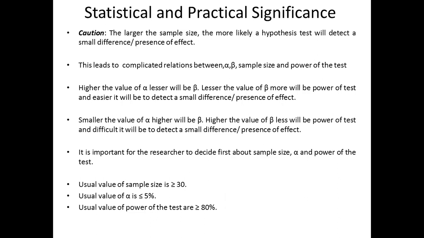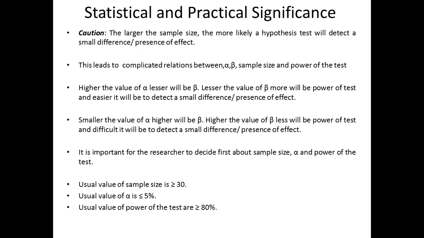The caution is this: since we are using samples to generalize things about the population, the sample size matters a lot. If we have a very, very large sample size, then even a small difference or a small presence of an effect can be detected very easily.